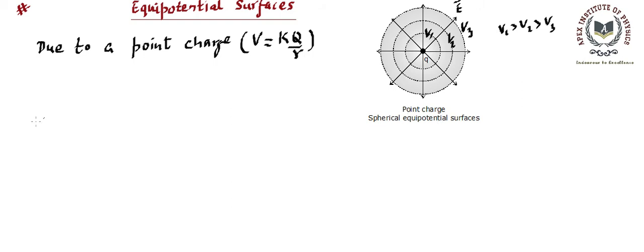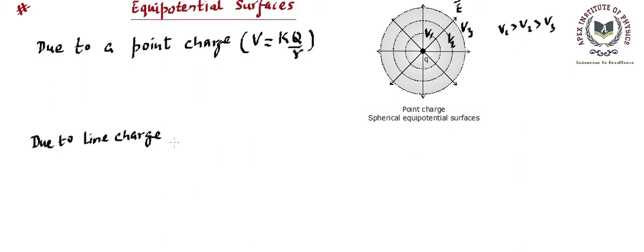Similarly, if we have a long line charge, can you imagine what kind of equipotential surfaces are going to be there? We know that due to a line charge, if it is long enough, the field is radially outward, right?